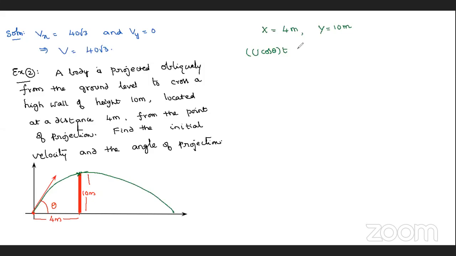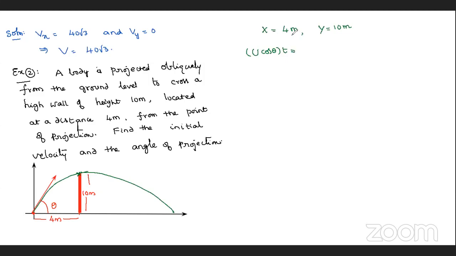X equals u cos theta into t, that equals 4. Without the time taken, how can you calculate the answer? So I think I have to give the time.